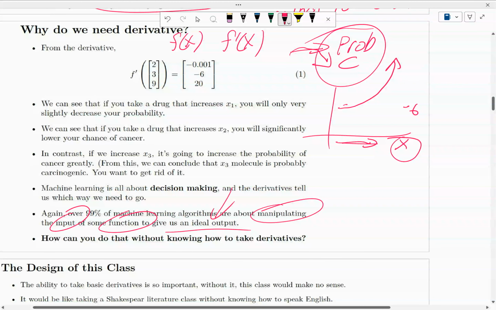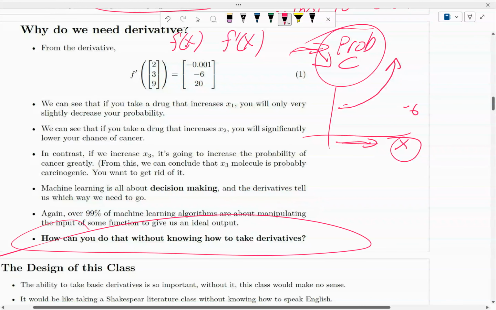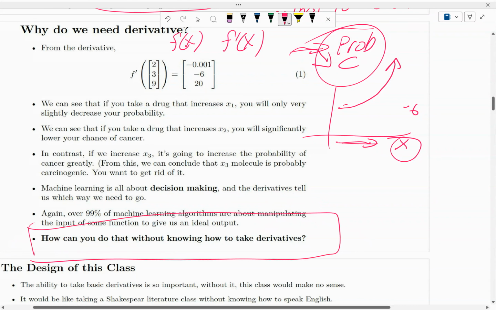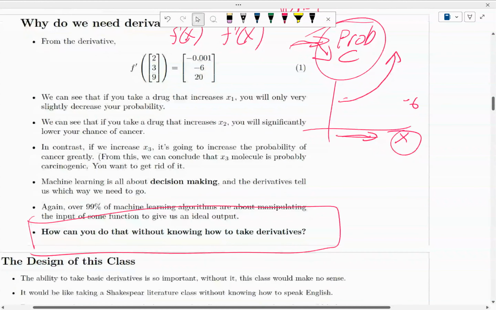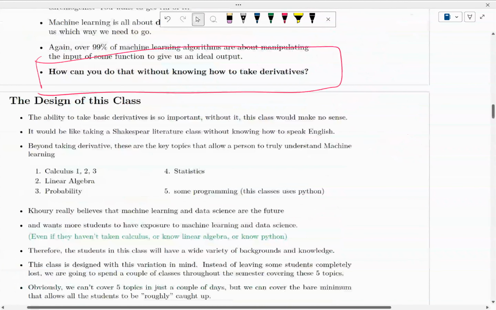So we have a function, and we're essentially identifying the input that gives us the output that we're looking for. How can we do anything in machine learning without knowing how to take derivatives? Well, you kind of can't. This shows you that if you don't know how to do derivatives, it will be very hard to understand what we're talking about. That is the design of this class.